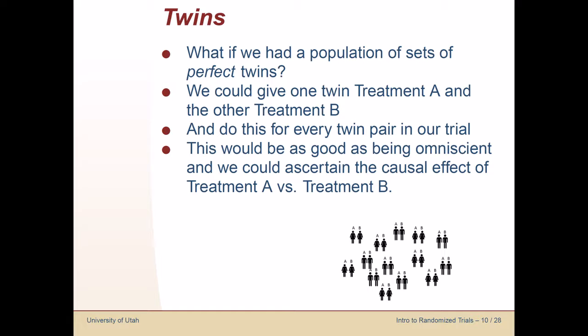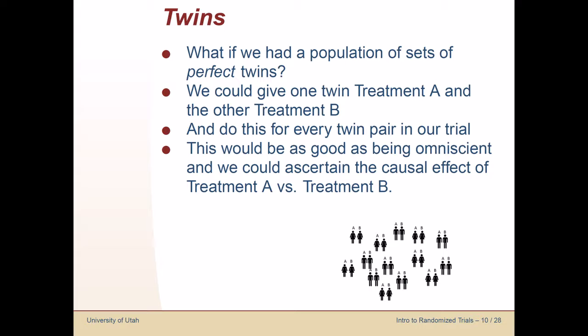Now, what if we had a population of sets of perfect twins? Now, I should say perfect twins don't just mean identical twins, because there are lots of identical twins out there in the world, but even identical twins have very small differences, and ultimately we don't know whether their outcomes would be identical. But anyway, these are perfect twins.